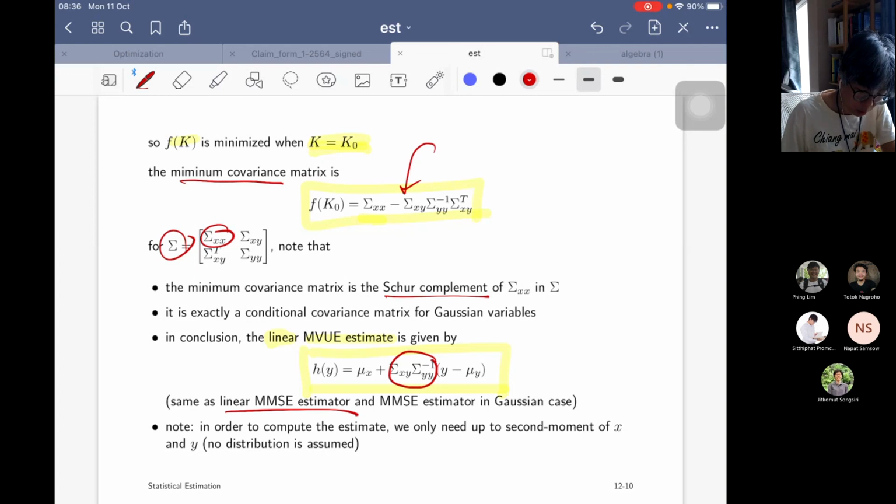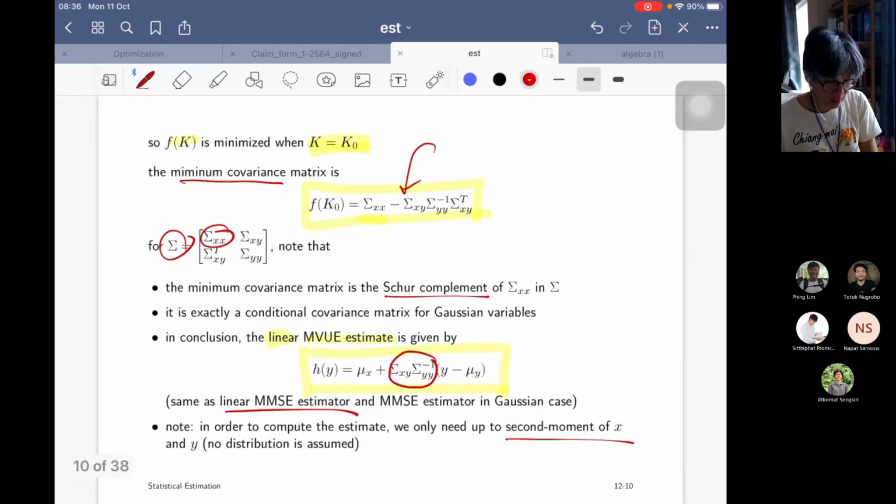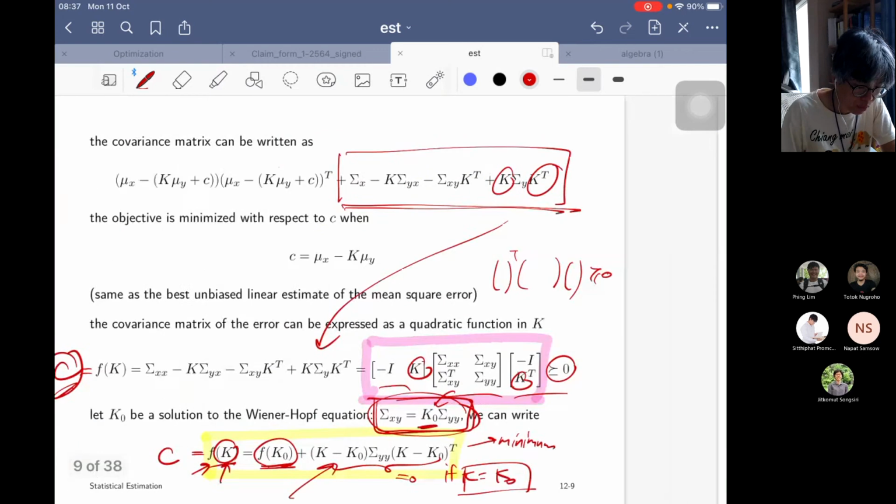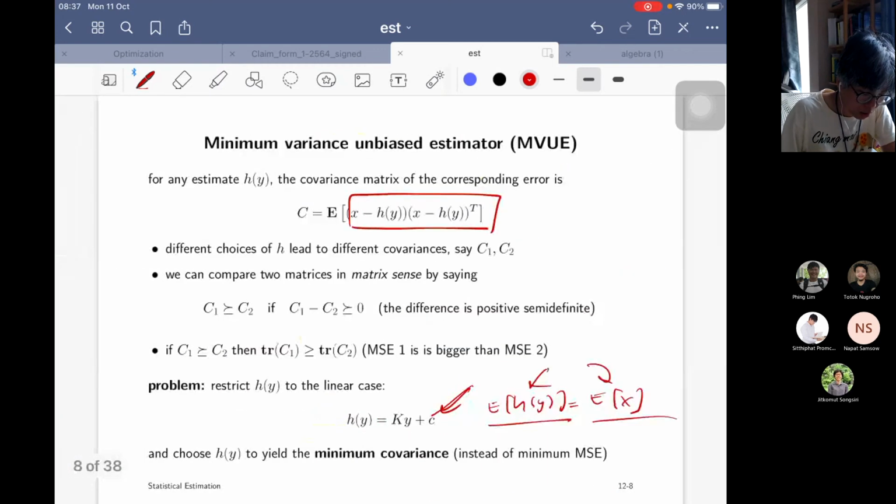In order to compute the estimate, you only need the second moments of x and y. Nothing more. No distribution of x and y is assumed. And that's all for this topic.